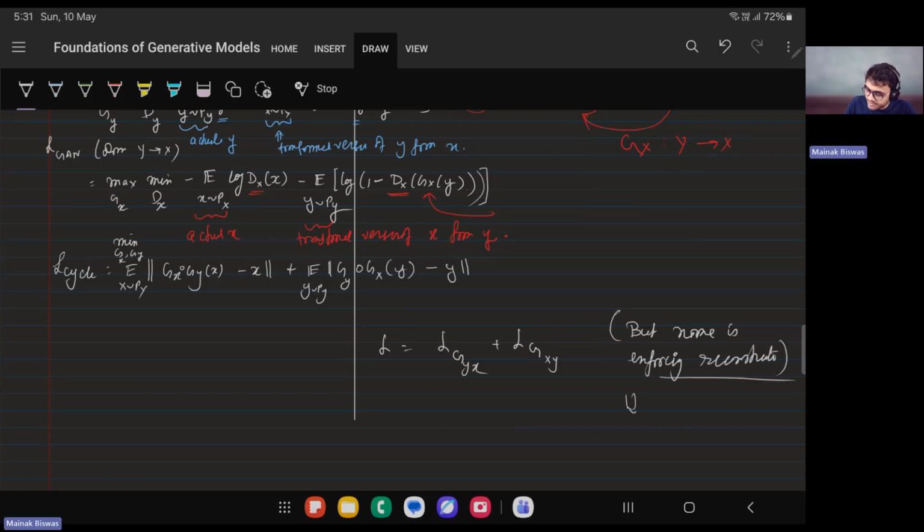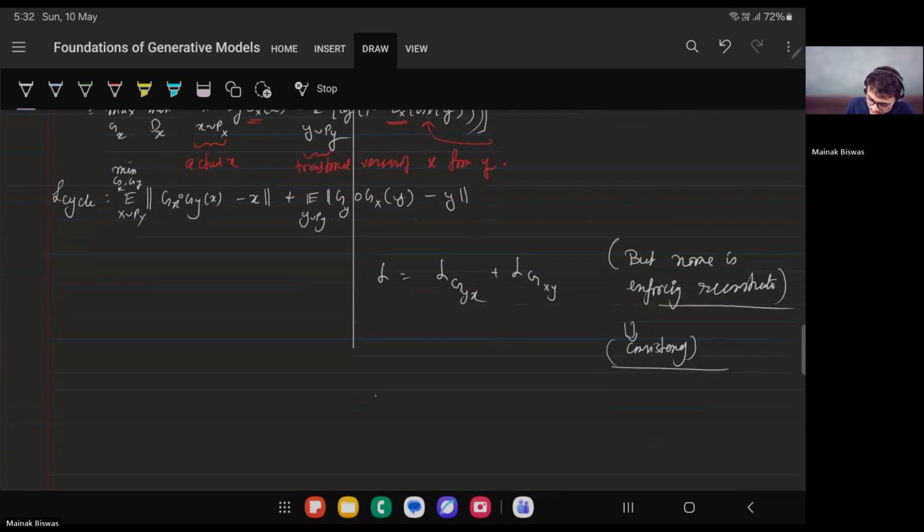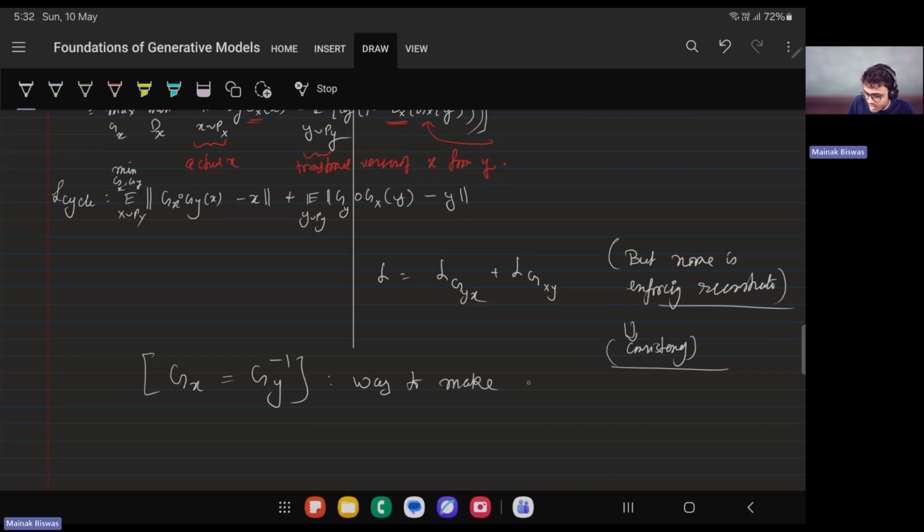That is consistency. So what do I mean by consistency here? The consistency means that g of x should be the inverse of g of y. So this is a way to make the GANs talk. You can make the GANs talk in this way.